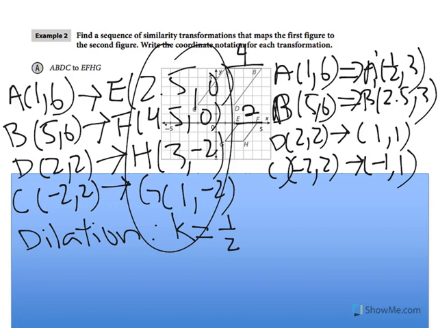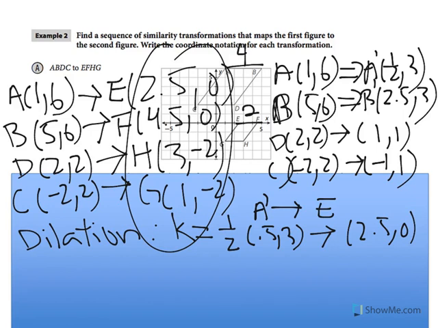So we can say that we go from A prime to E. A prime, we said it was (1/2, 3), and we need to go to (2.5, 0). So we can say maybe 0.5 plus 2, and 3 minus 3. Let's try to see if it works for B prime.